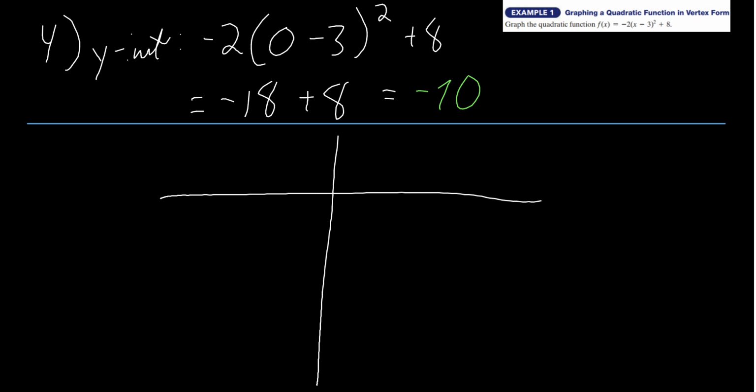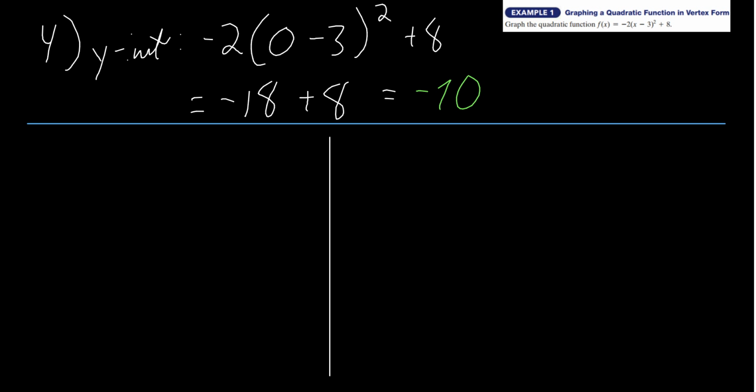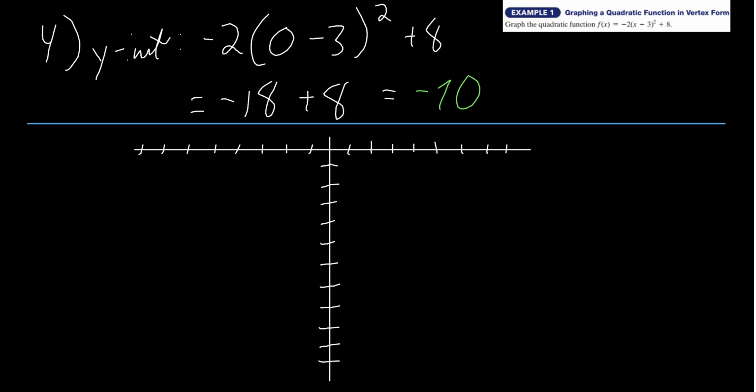Okay, so we have a negative 1, 2, 3, 4, 5, 6, 7, and that's not nearly enough. Okay, so this is just the bottom part of a graph. Let's try this again. Okay, so that's good. All right, so that's negative 11 going down on the y-axis, and then okay, so there we go.